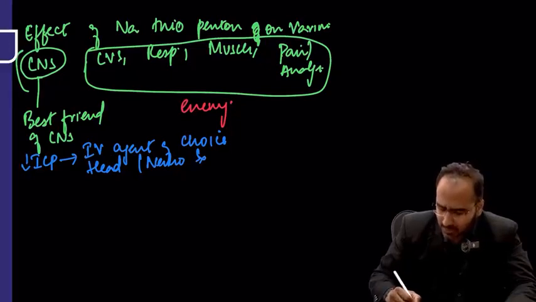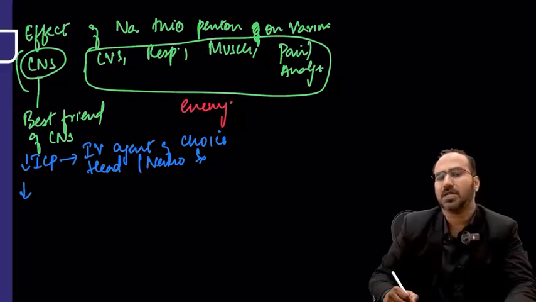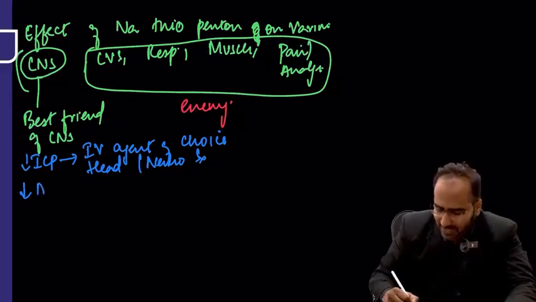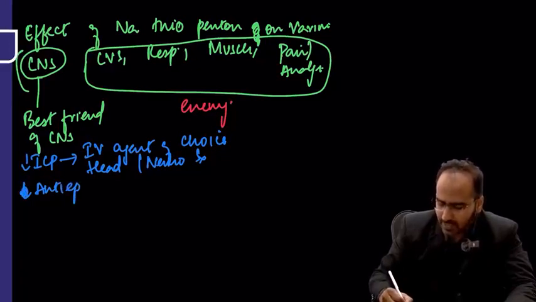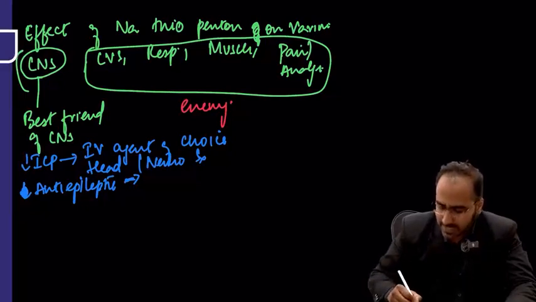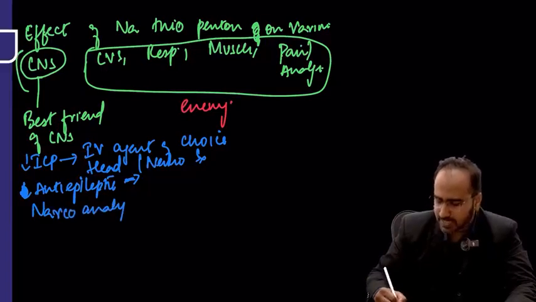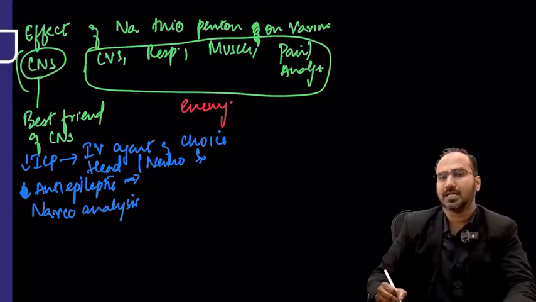Second is what, guys? Sodium thiopentone decreases the risk of epilepsy, or it basically has an anti-epileptic property. Hence, it can be used as the IV induction agent of choice for epileptic patients. Third, sodium thiopentone can be used for narcoanalysis. Truth test.